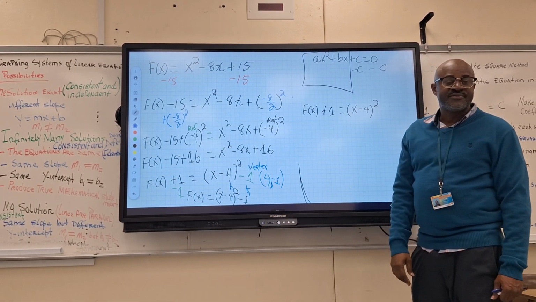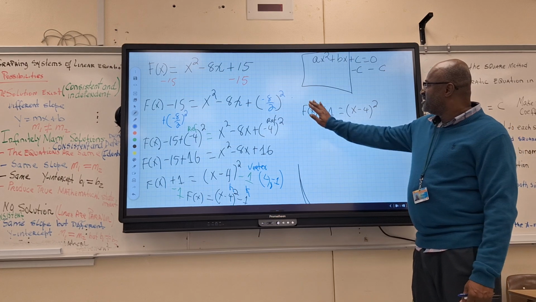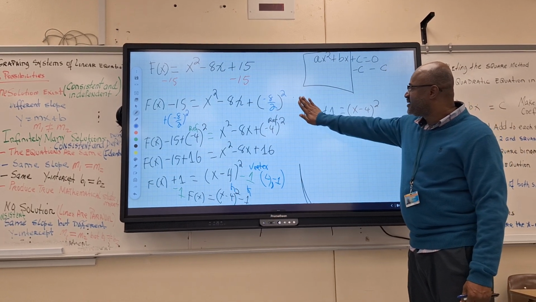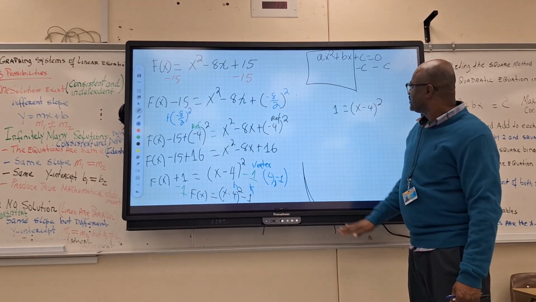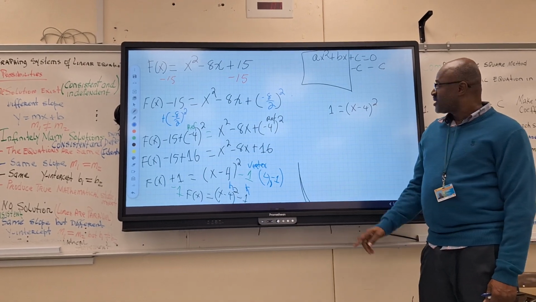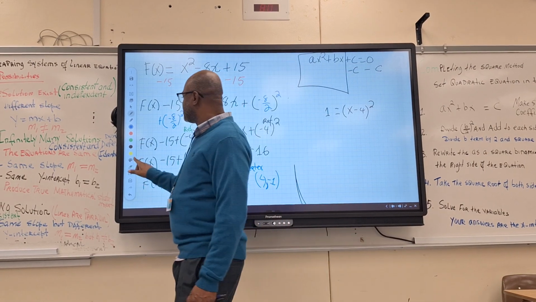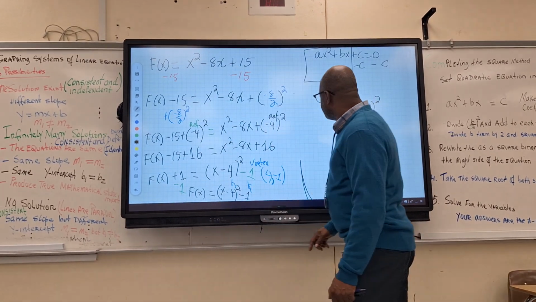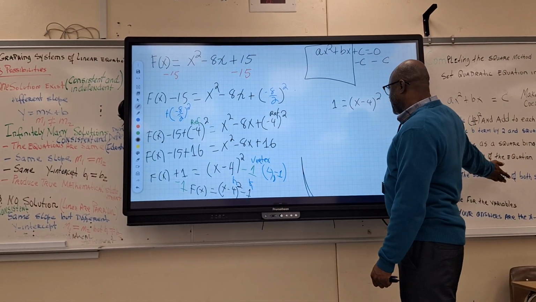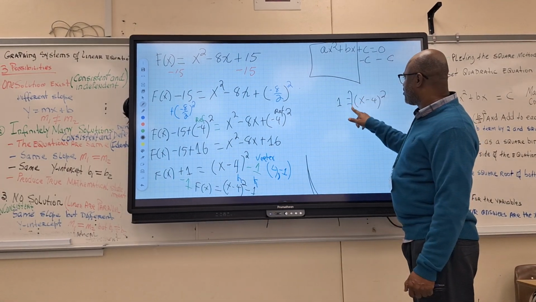To 0. Right? Then this will be 0. We have this, then we need to find x. How will you find x? You must do what? Take the square root of each side.